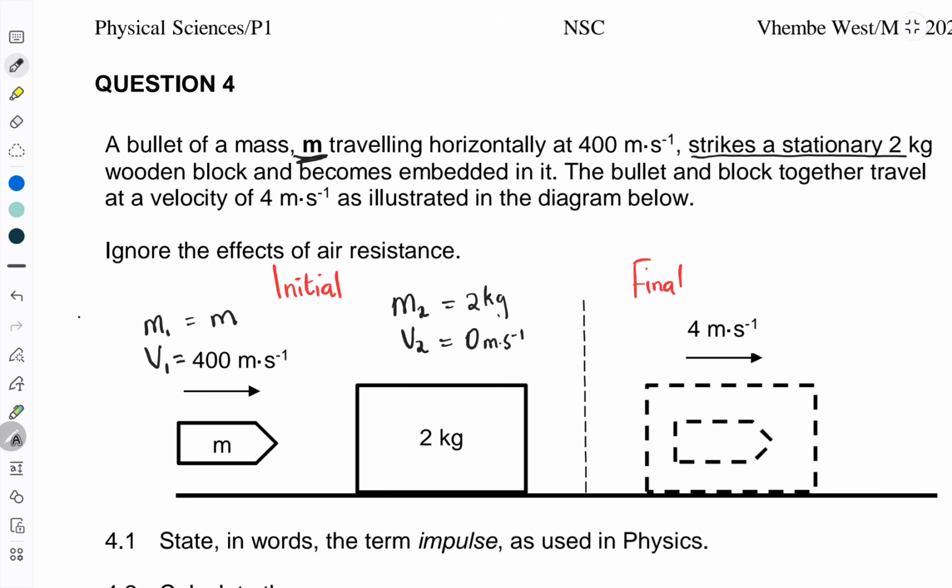When I say initial state, I mean before impact. After impact is my final state. Before impact means before the bullet hits the block. That's what the system was initially at. My final state refers to after the bullet strikes the block and they keep moving together.